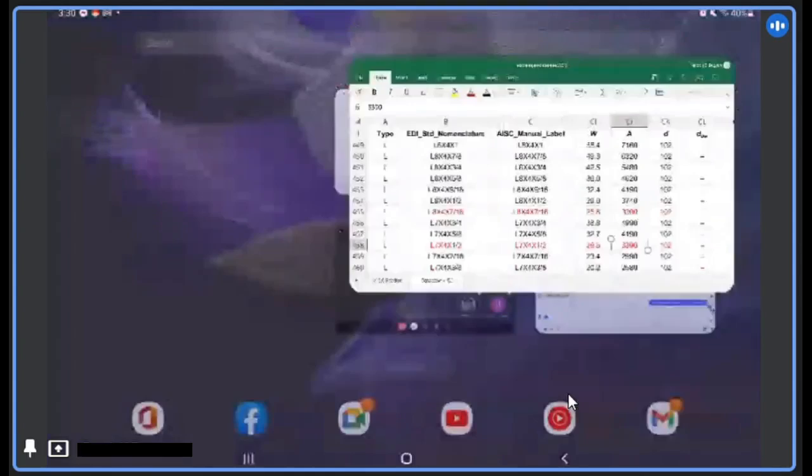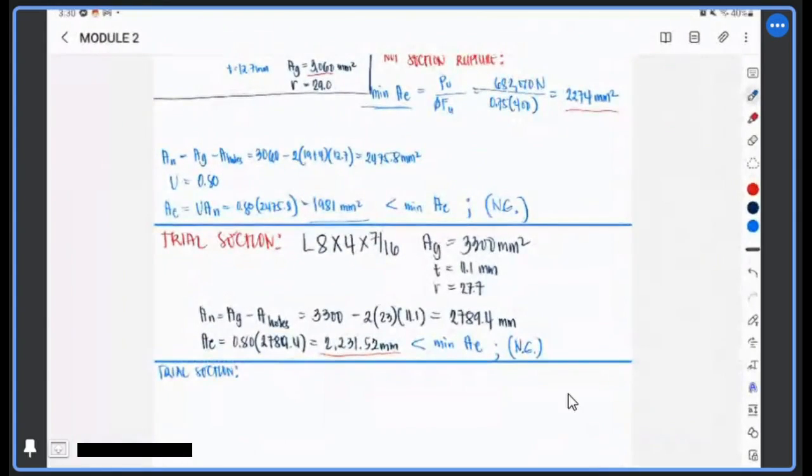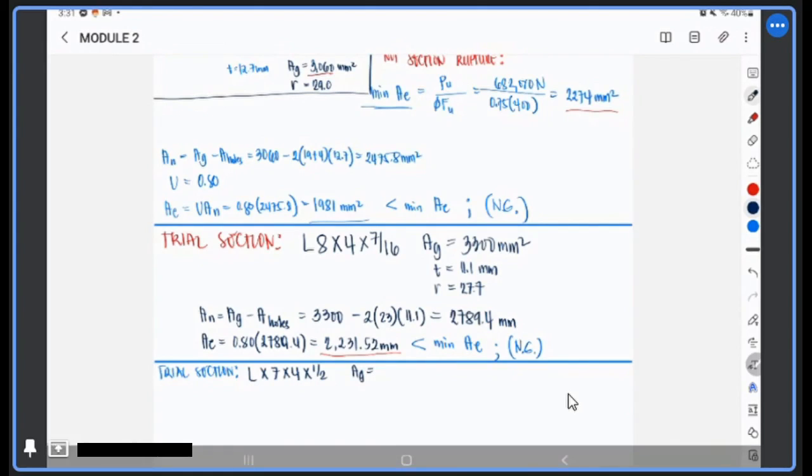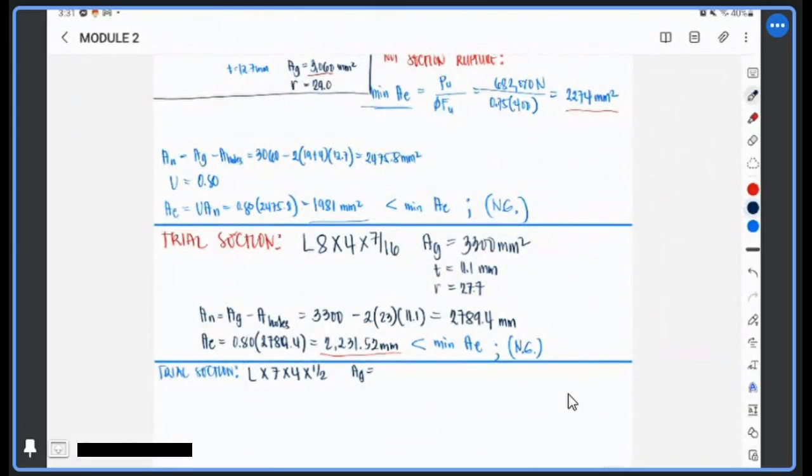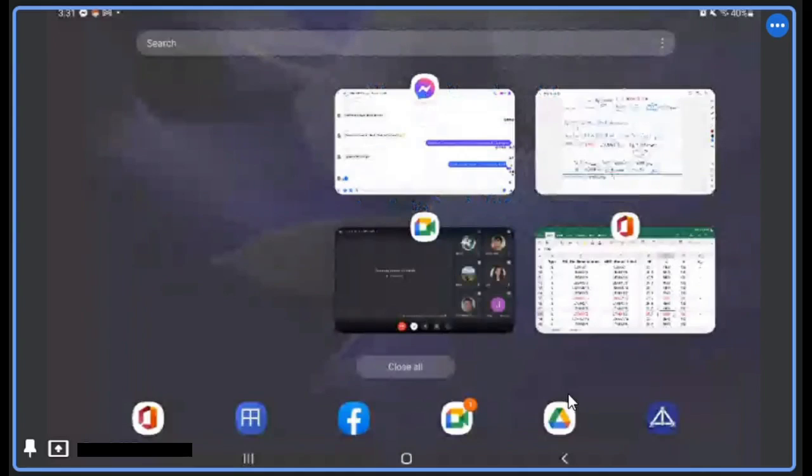Let's check 7 by 4 by 1/2 with gross area equal to 3,390.